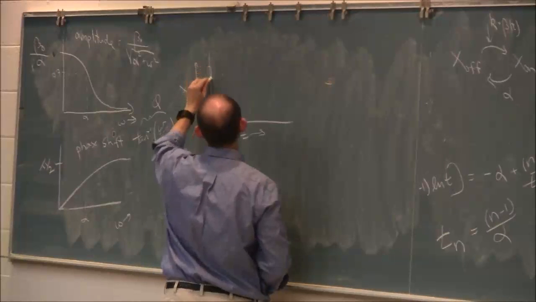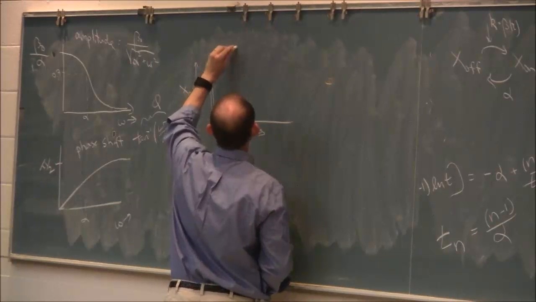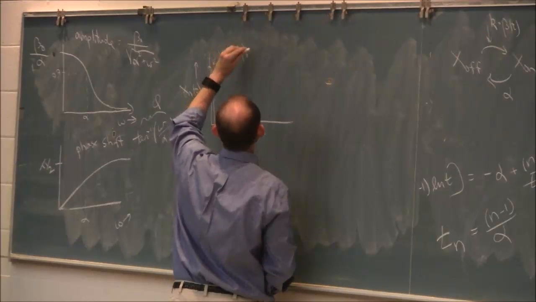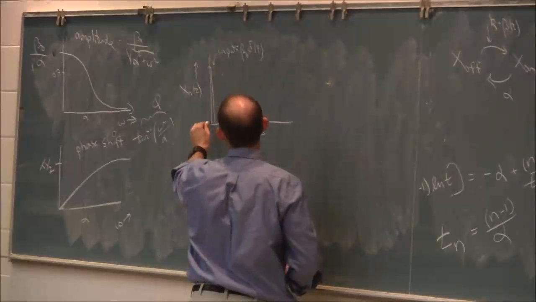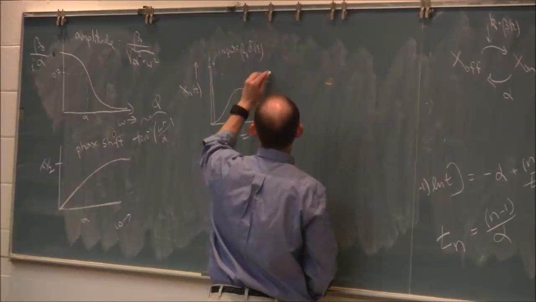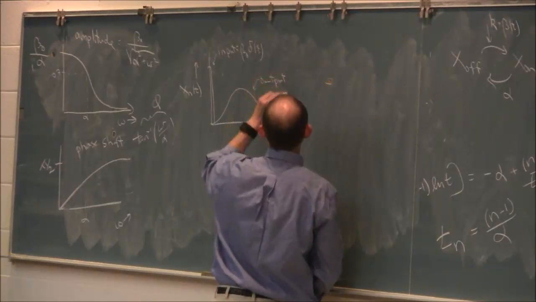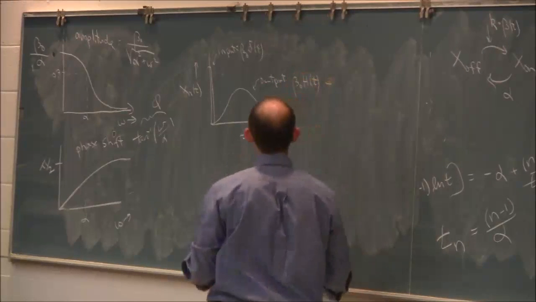Say that our input is a delta function. So input is equal to beta 0 delta of t. Our output is going to be beta 0 h of t.